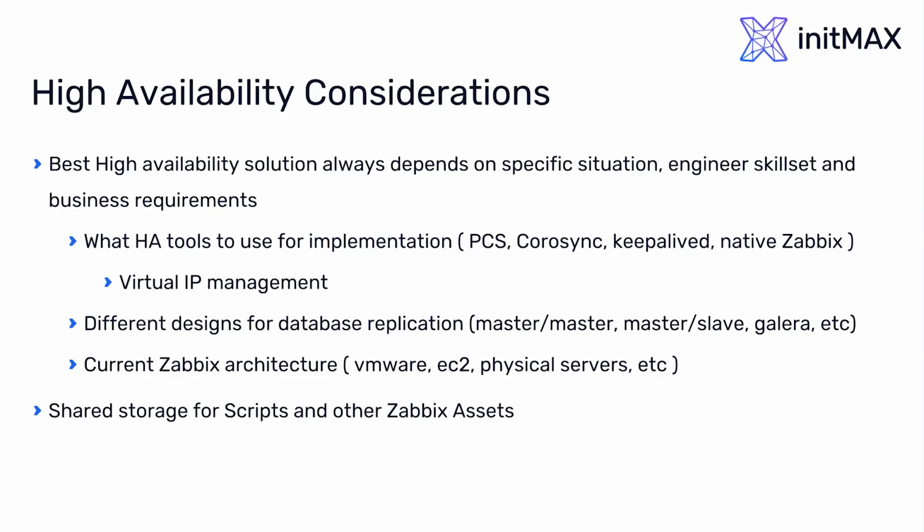And then we have a witness, which is just a small machine used only for the quorum, just to check availability of our nodes, and it will never actually host the Zabbix database itself. This is a good trick to ensure that you have a quorum and you don't need to spend a lot of resources on maintaining three servers for our high availability cluster.